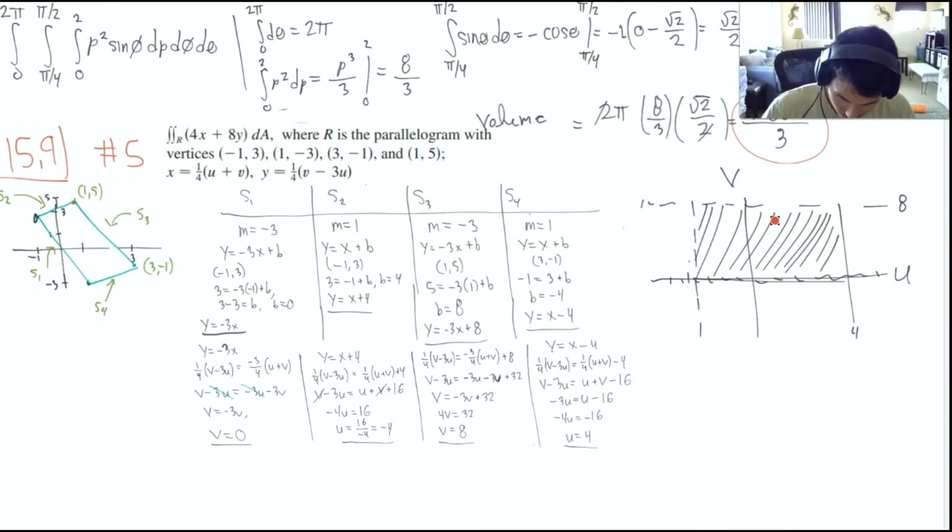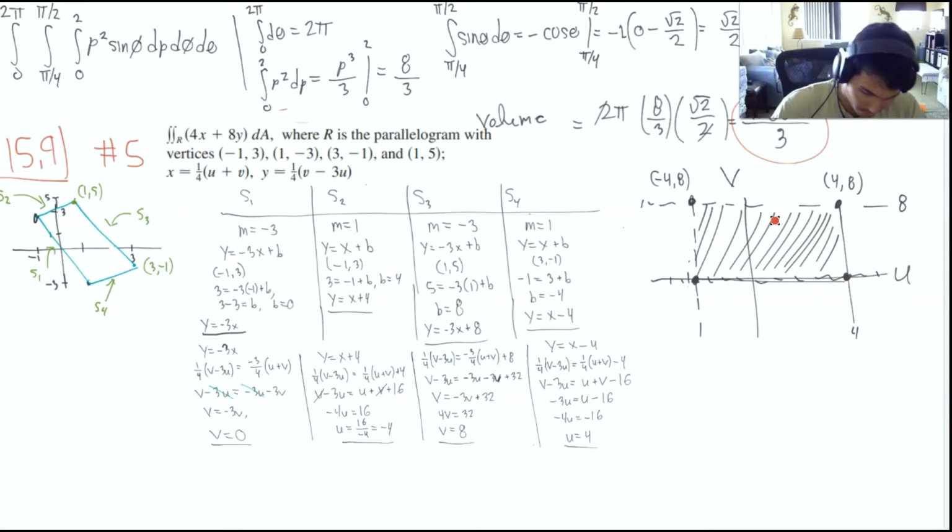And I'll give you these points because that's what you want to know, right? Well, this is where we see negative 4, 8, and this is 4, 8. And remember, it's u, v.